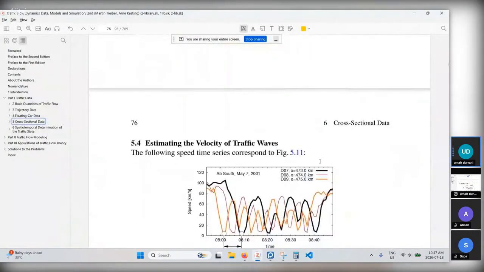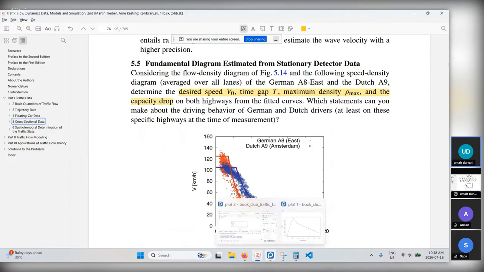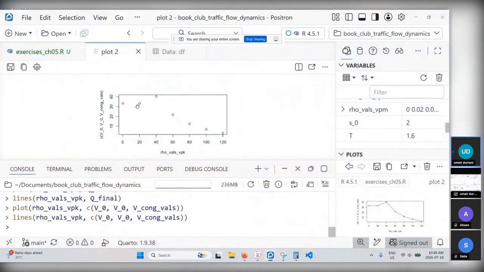So right here, if we go to the final question here, this is an example of a speed density diagram. And now look at our solution here. This is a speed density diagram, which has the same relationship. Initial desired speed is higher, and then it reduces when density increases.